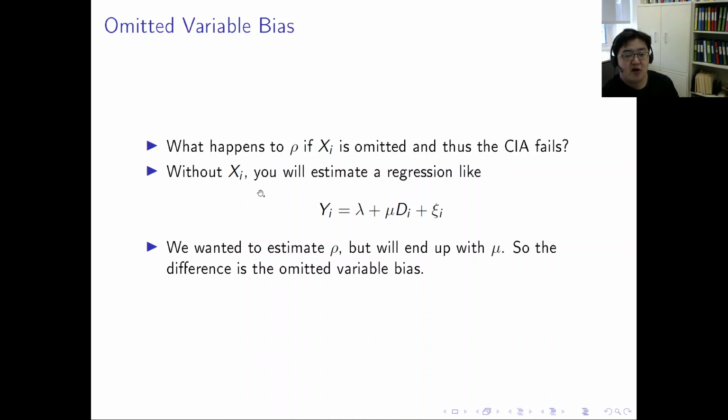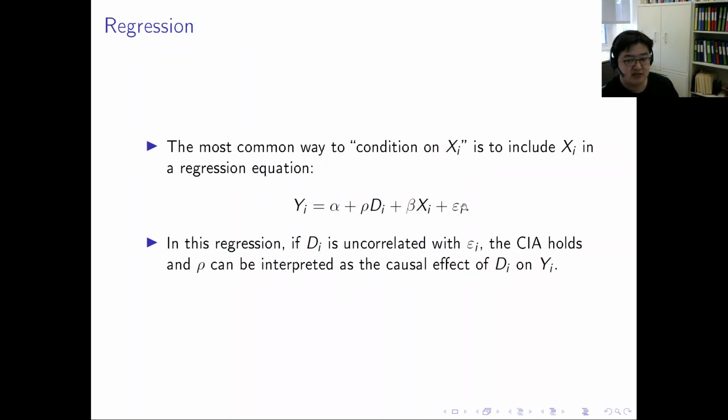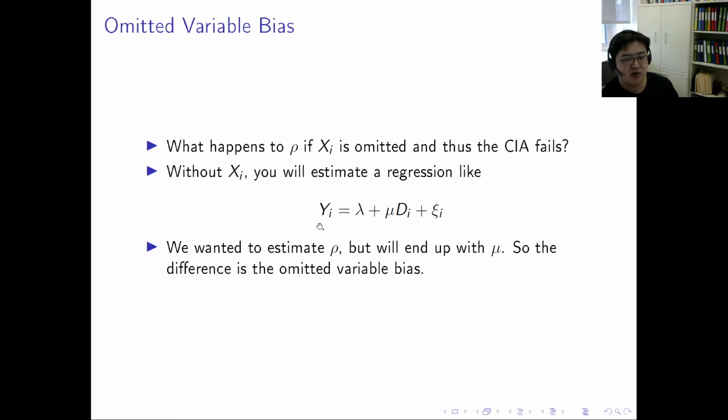Suppose that you don't observe x. Then you are going to estimate a simpler regression equation by regressing the outcome only on the treatment. You should have had the variable here, but that's not observed, so you end up like this. You wanted to estimate this, the ideal, true equation, but you could not observe this part, so you end up with a shorter equation.